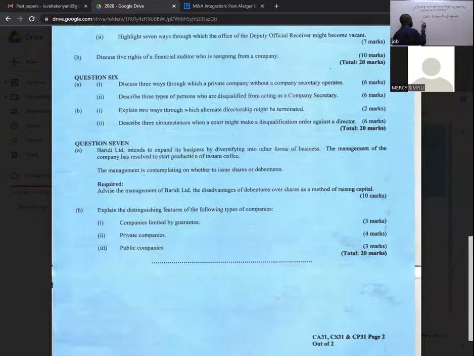So I think here we learned about, we defined a company. Looked at the characteristics of a company. We looked at the role in Solomon versus Solomon and Company Limited. We looked at lifting of the veil of incorporation.